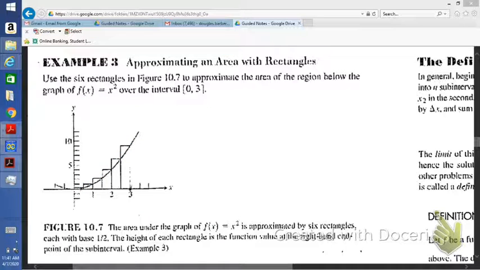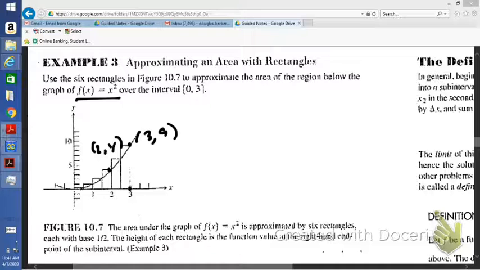So we took this x coordinate 3, we plugged it into our function to get what the y coordinate is of that point right there. So that point right there is (3, 9). This point right here was (2, 4), and so on.